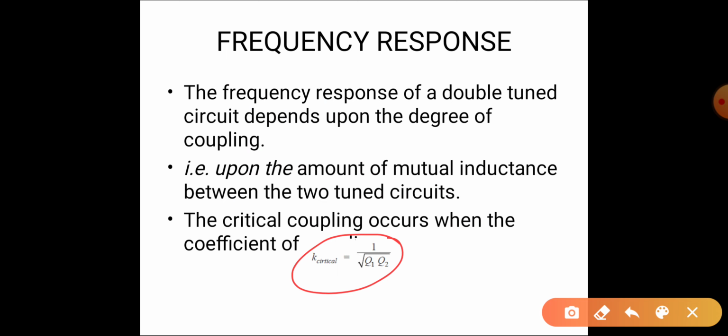So this is the condition for a critical coupling. When you connect those two coils L1 and L2 in such a condition of critical coupling, you will get a very flat frequency response. We are going to see the frequency response of the critical coupling in the next slide.